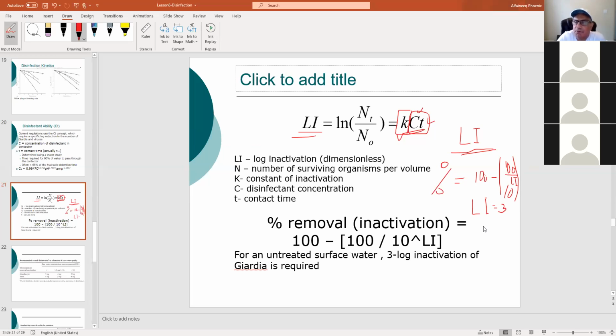Let's do the math. It's going to be 100 minus 100 over 1,000, that's correct? 10 raised to 3. So 100 minus 1/10. How much is that? 99.9. Yep, thank you. This is 99.9.